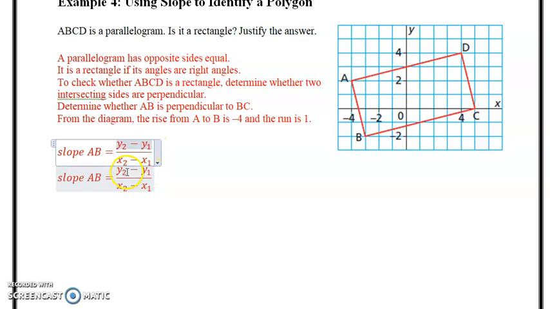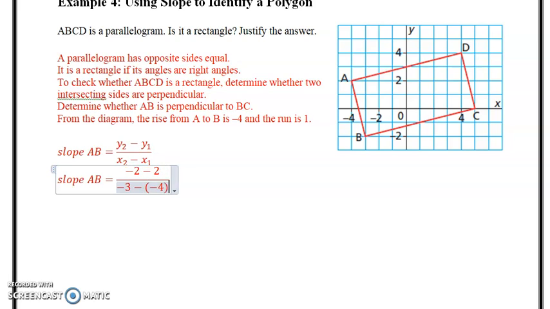So we'll do the y value of B, which is -2, minus the y value of A, which is 2, over the x value of B, which is -3, minus a -4.